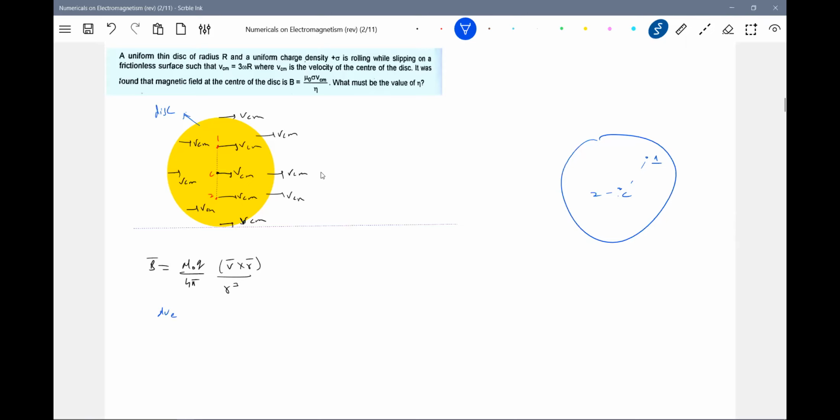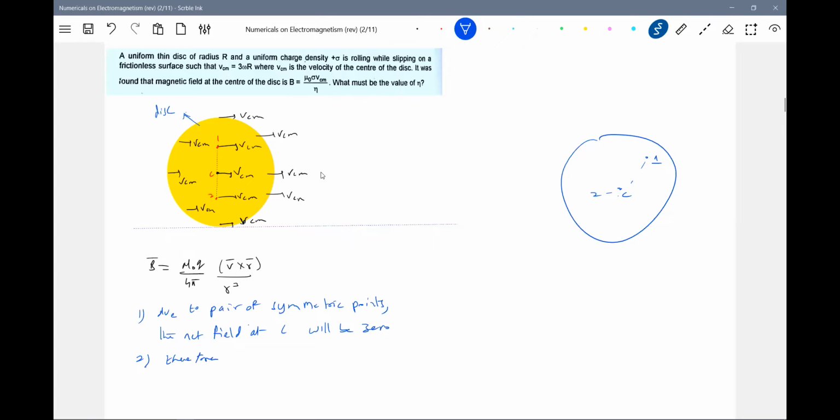Due to pairs of symmetric points, the net field at C will be 0. This is the first point.